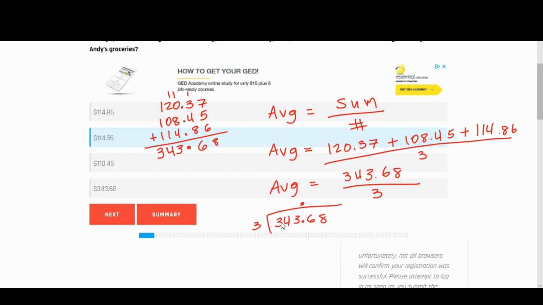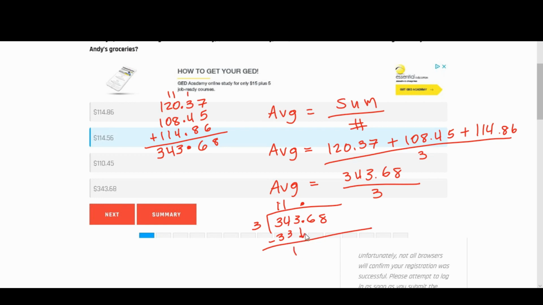Okay, so 3 goes into, let's go ahead and work this out this way. 3 goes into 3 one time, but I'm trying to do as much as I can in one swoop. So 3 goes into 34 11 times. Again, 3 times 11 is 33. Now we can subtract. 34 minus 33 is 1.